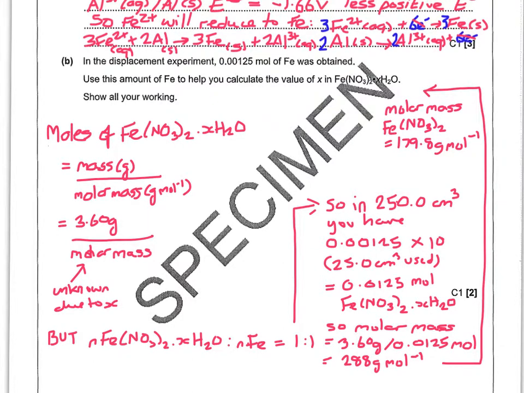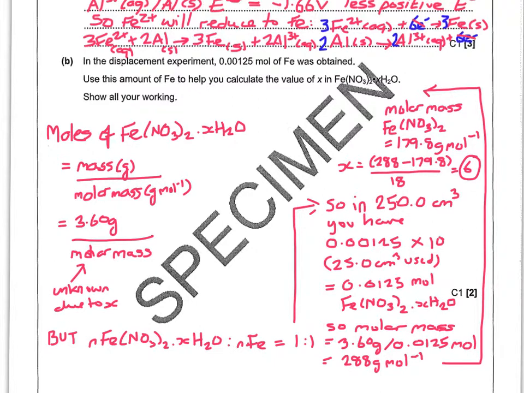If we take the anhydrous salt, so take away the XH2O, we have 179.8 grams per mole. So the difference between the molar mass of the hydrated salt and the molar mass of the anhydrous salt gives us the number of grams of water that are present, assuming 1 whole mole, of course. So divide that by 18, and that gives us 6 moles of water. So therefore, 6 is the value of X.